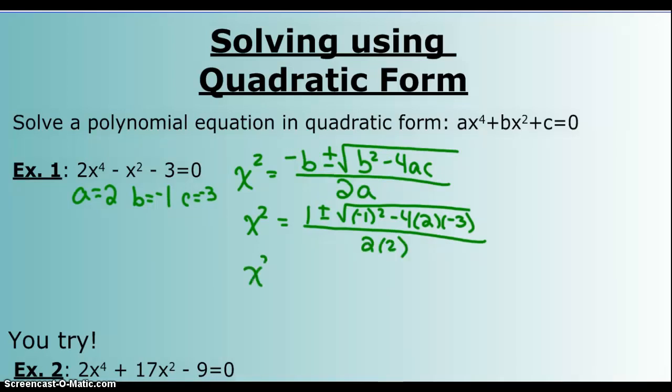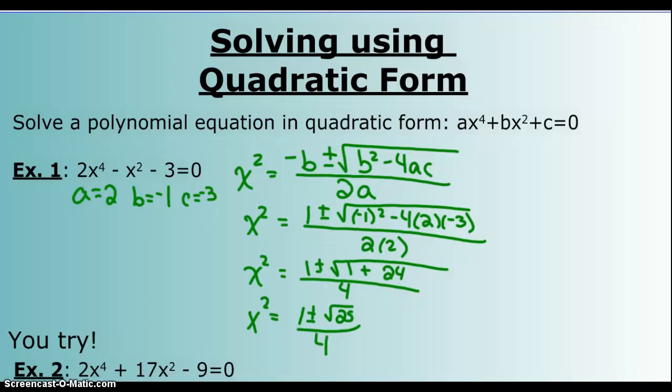So then I get x squared equals 1 plus or minus the radical of 1, and then it becomes positive 4 times 2 is 8, 8 times 3 is 24, and that's over 4. And then we'll do one more here: x squared equals 1 plus or minus radical 25 over 4.